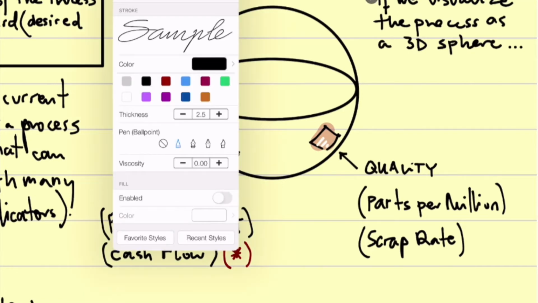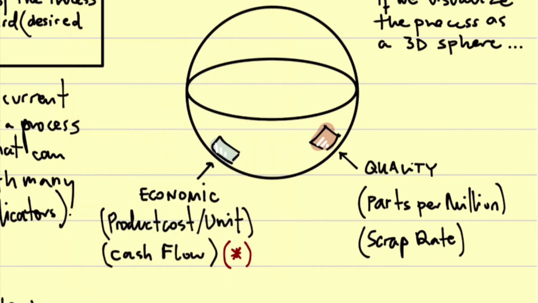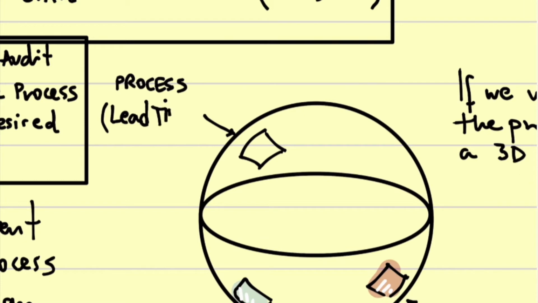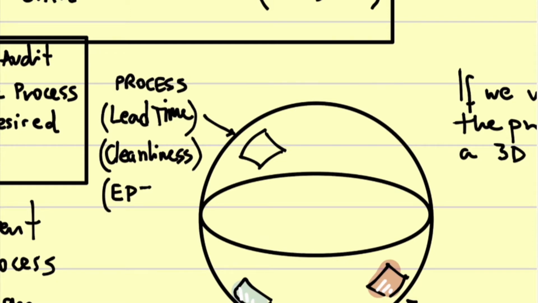If you don't, look at them and make sure you know them later. We can also look at the process from a process perspective, and then we can look at the lead time, and how clean the process is, cleanliness, or the flexibility.